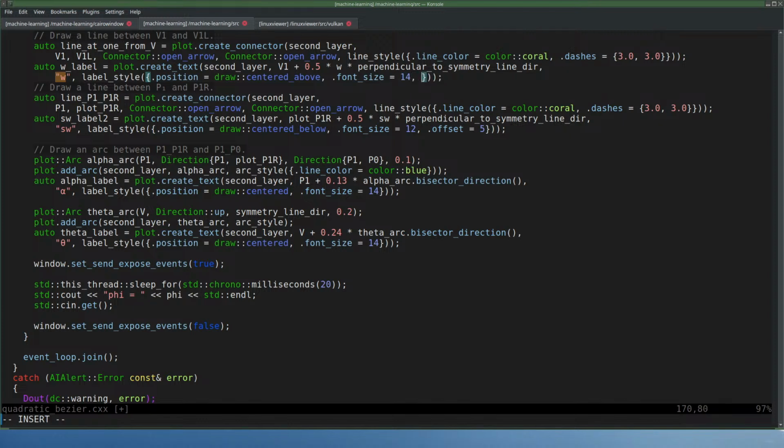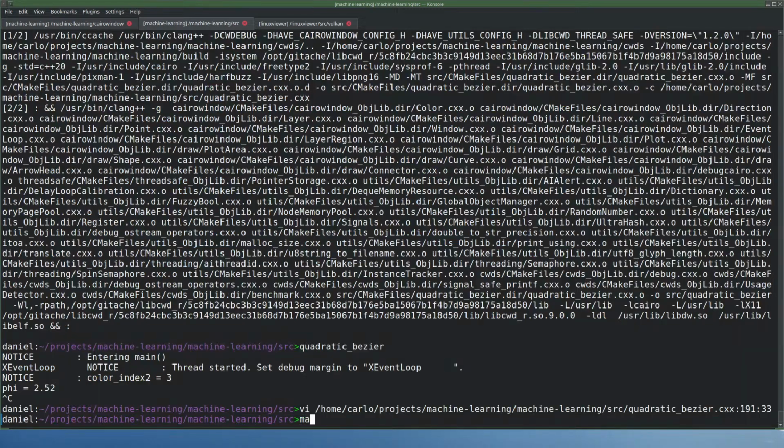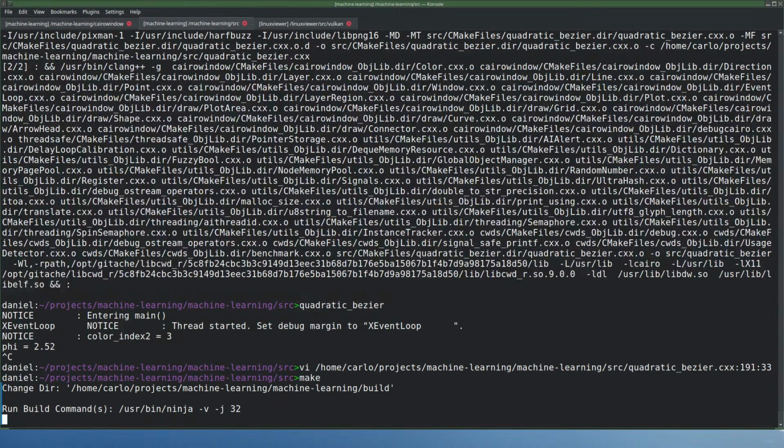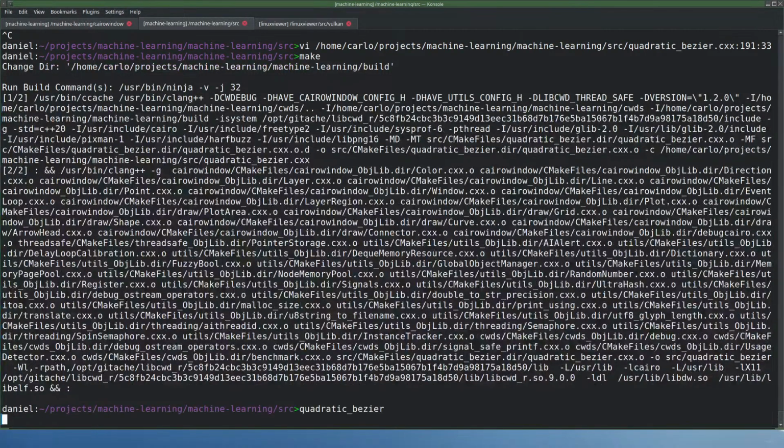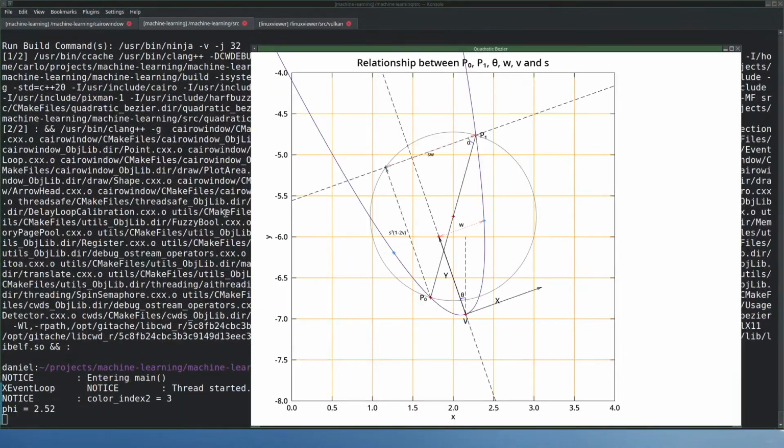I want to make it a little bit smaller. Offset, let's say 5. That's way more clear.